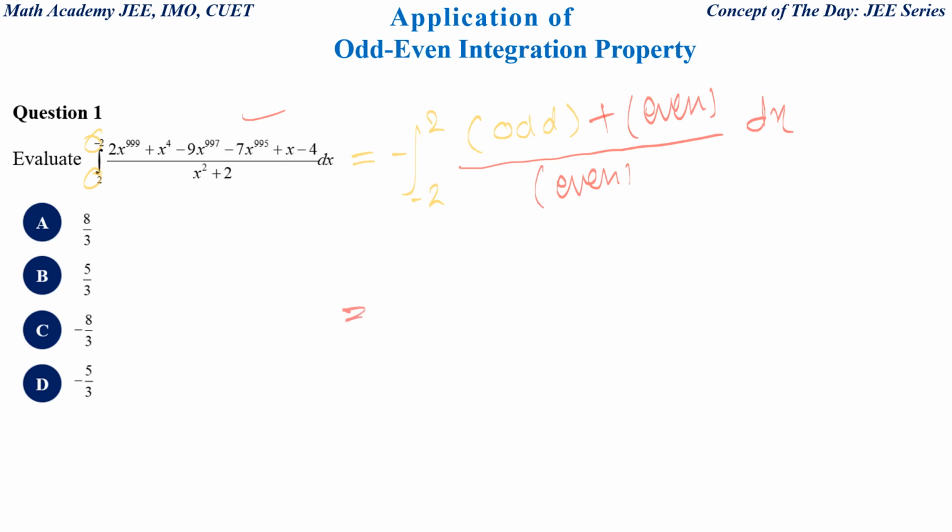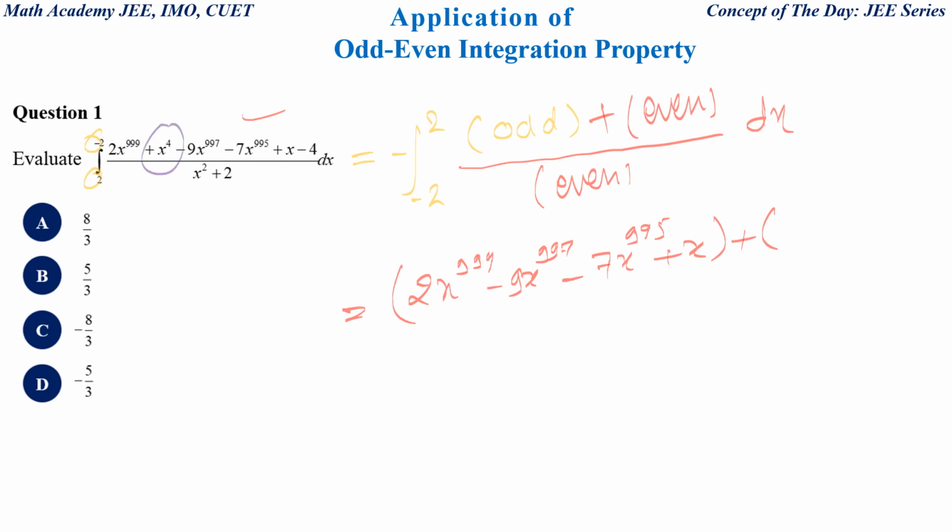So let's separate the odd terms here. As you know, x to the power 999 is an odd function. So we can collect it here, and similarly 9 times x to the power 999 is again odd. Third, 7 times x to the power 995 is again an odd function, plus x, which is a completely odd function. And let's write the even function.